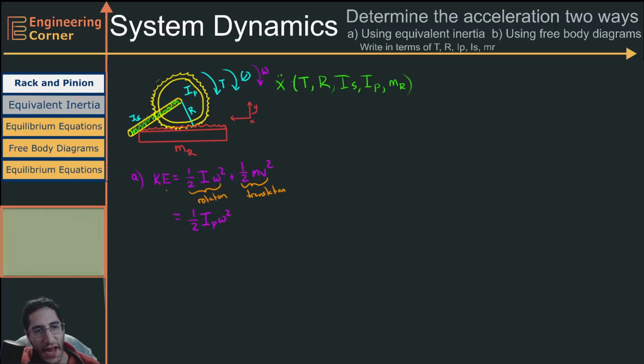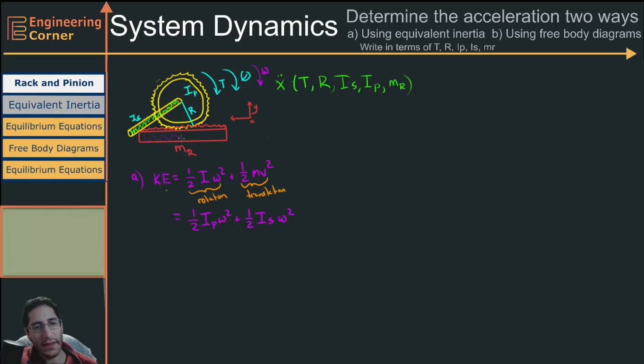Now, this shaft is rigidly attached to this pinion, so they rotate at the same speed. So this is going to be plus 1/2 I_S omega squared. If these are rigidly attached, as I rotate this with some angular velocity, this is also going to rotate with the same angular velocity. And again, the shaft is only rotating.